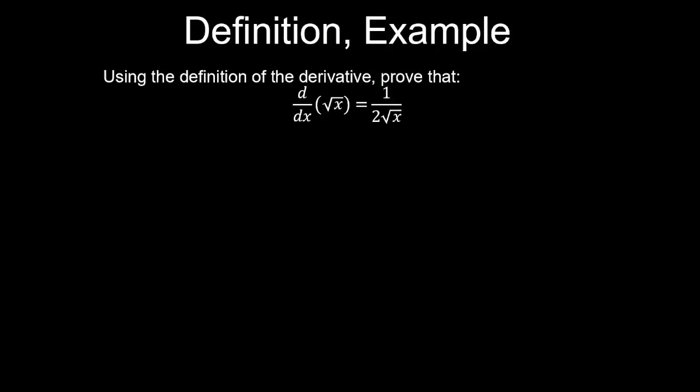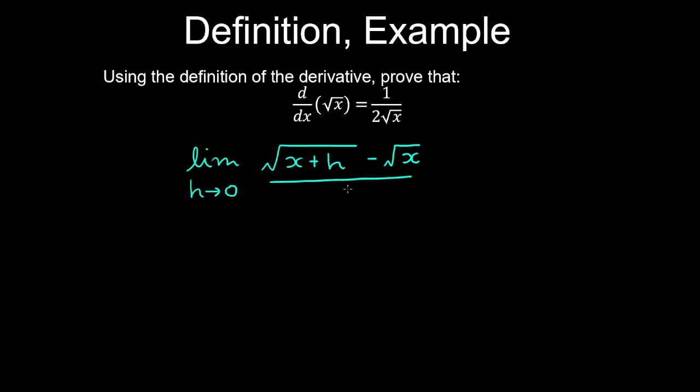Let's evaluate this derivative using the definition. So we have the limit as h approaches 0, and our function is root x, so that will be root x plus h minus root x over h. And we multiply this by the conjugate in the numerator and denominator.